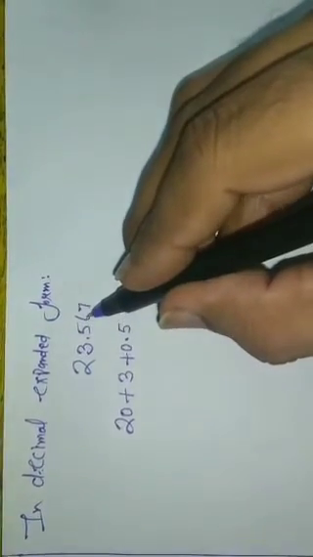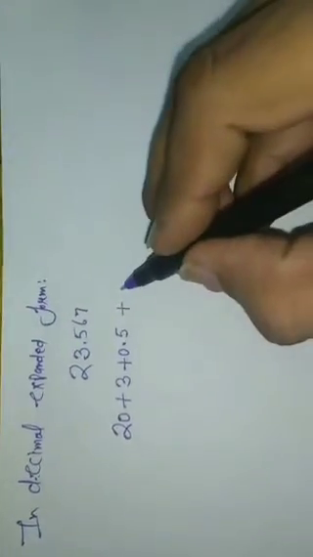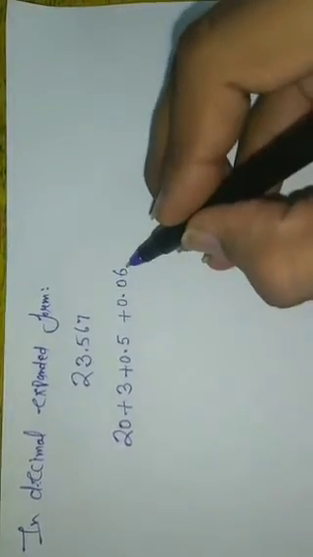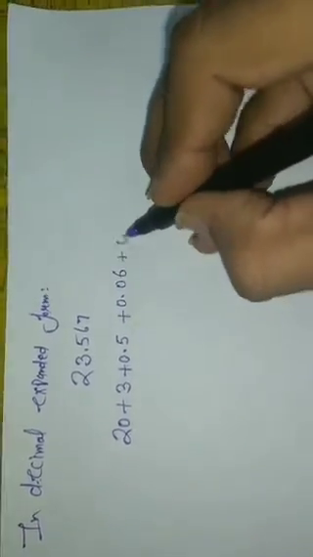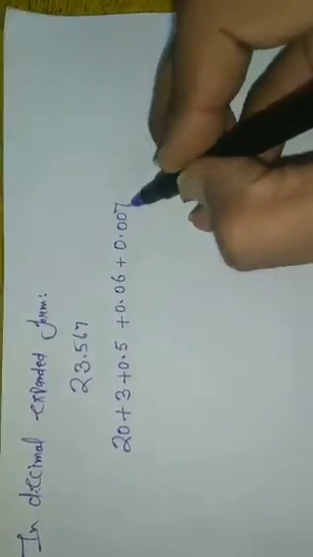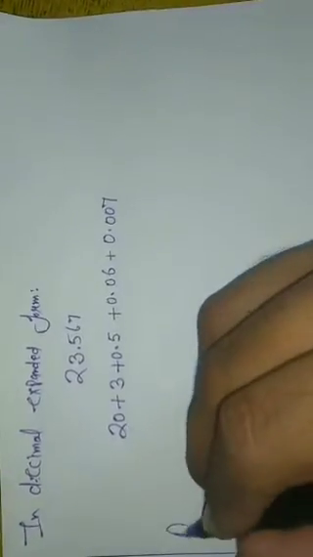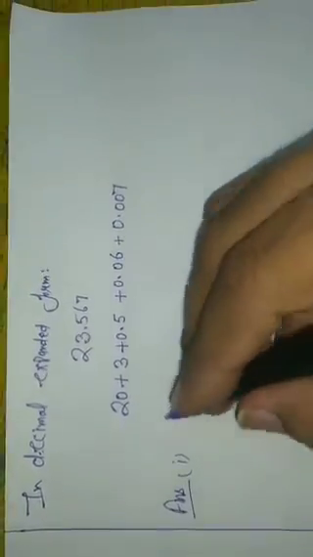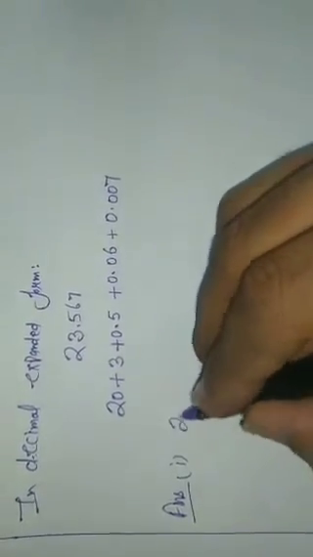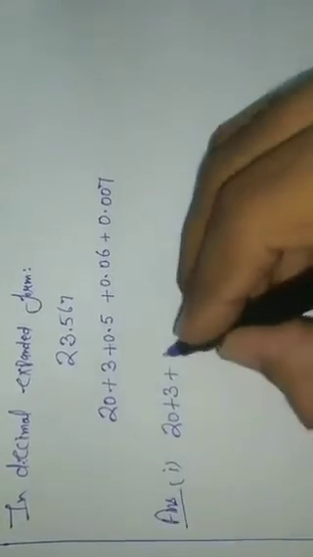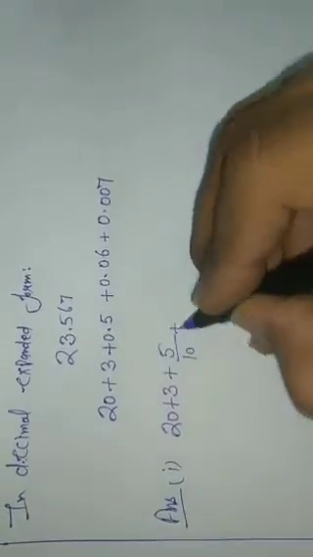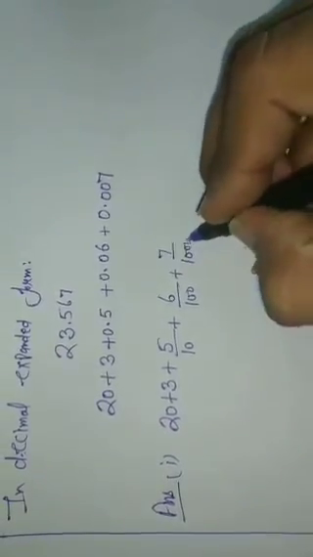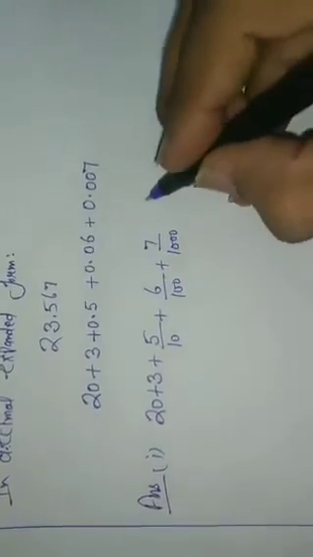Plus after the decimal, how many digits are there till 6? 1 and 2. So decimal 0, 6, you can put 0 here, it means 0.06, plus 0.007. So that is your answer. You will write both answers here. Answer number 1: 20 plus 3 plus 5 upon 10 plus 6 upon 100 plus 7 upon 1000, given in the fractional form.